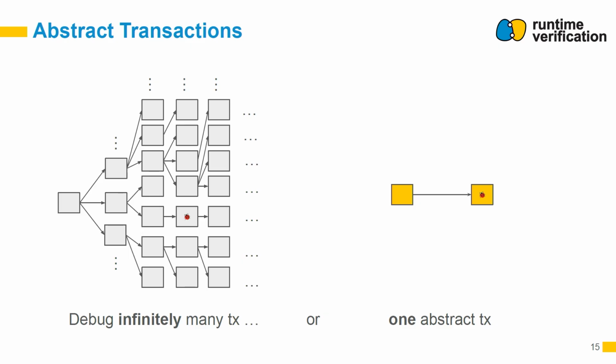So in essence, we reduce this problem of an ever-increasing state space that you need to explore to just one single abstract transaction that you need to test or debug. That's a huge achievement. It gives you so much greater confidence in your smart contracts, because now you have the peace of mind that your fuzzer didn't say green just because it was not fuzzing long enough.